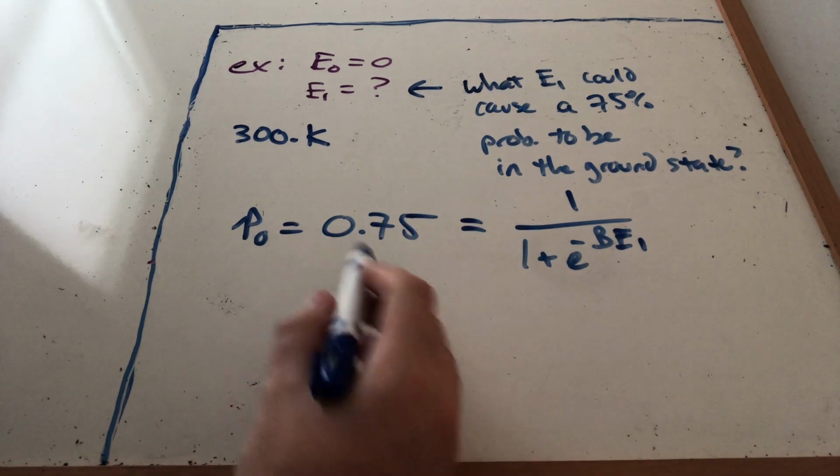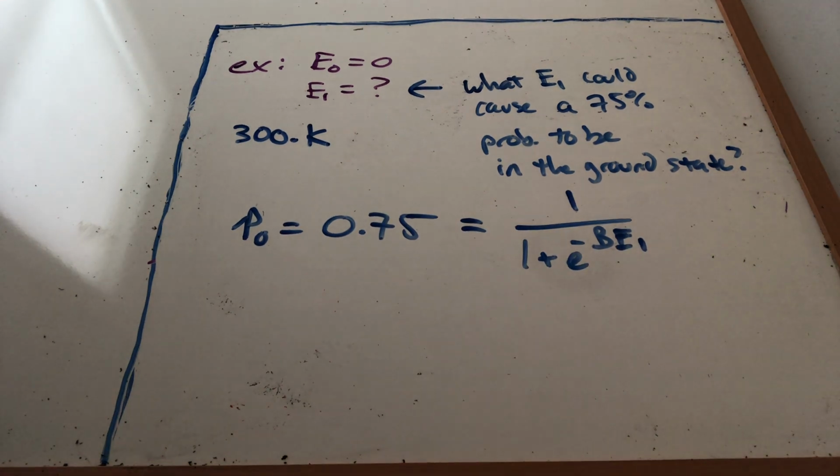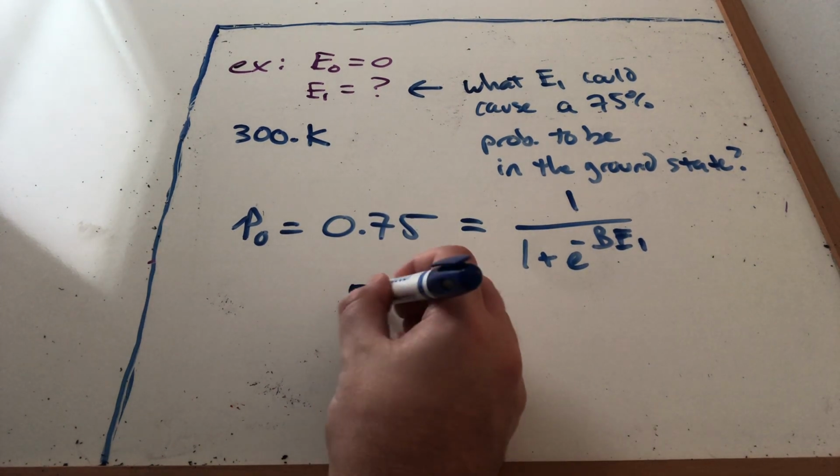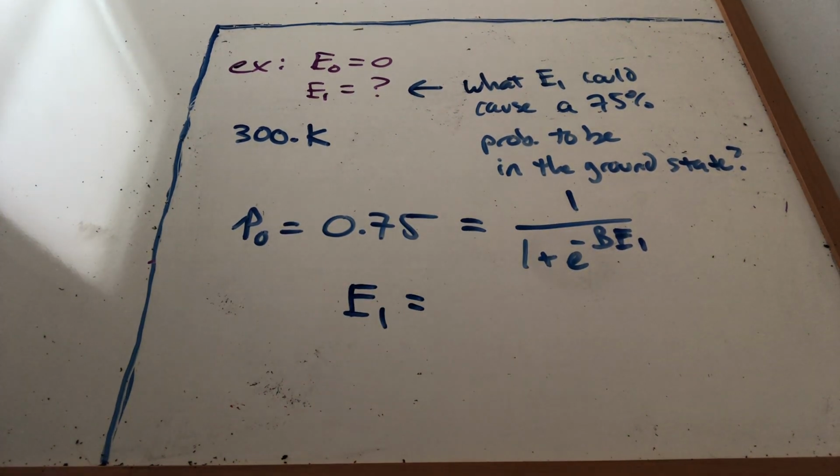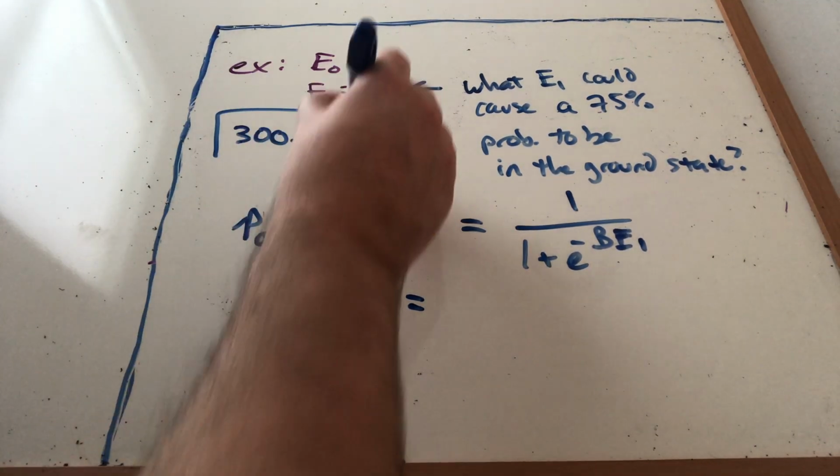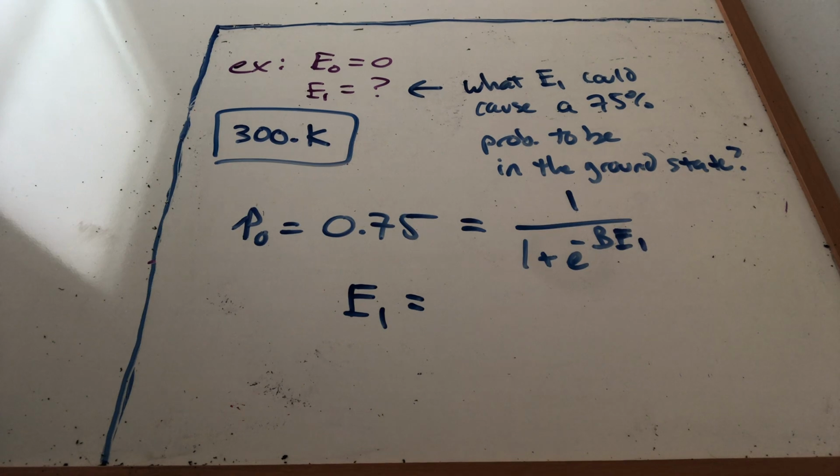So what we're going to do here is solve this equation for E1. And this is an algebraic equation you should be able to solve, okay? Now what I get for E1 when I do this at 300 Kelvin, and again, make sure you check my work, but there's only one unknown here because you know what your Boltzmann constant is, and you know what your temperature is now.